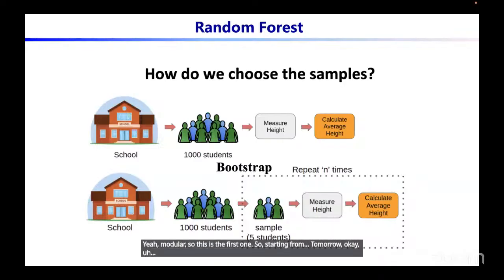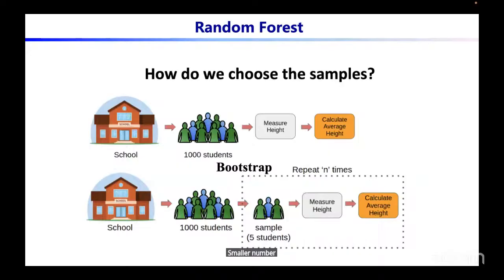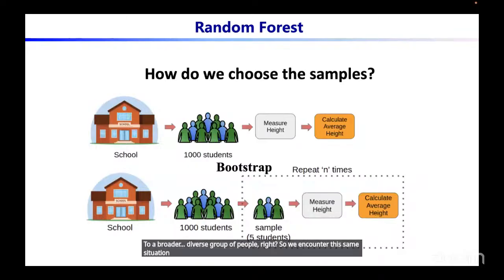So our question is, when we have a smaller number of data, how can we utilize a smaller number of data to develop a model that is applicable to a broader, diverse group of people, right? So we encounter this same situation when we do opinion polls, right?